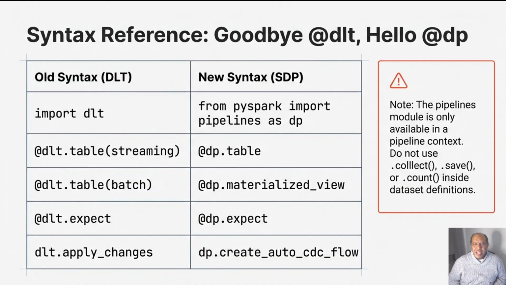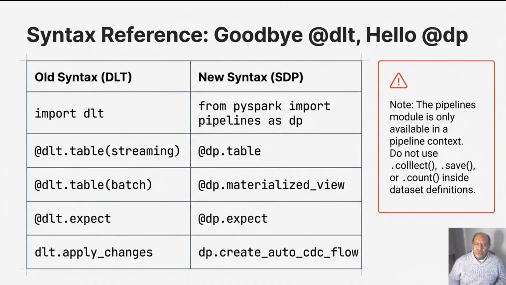Now, this slide is your quick reference guide for the syntax migration. If you have been using Delta Live Tables with the DLT decorator, you need to update to the new standard. First, the import statement changes.